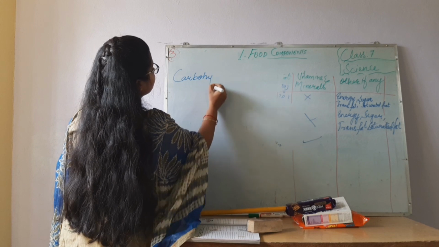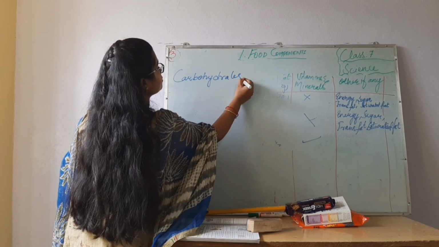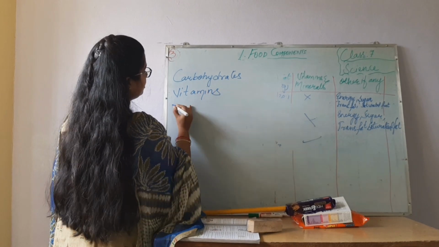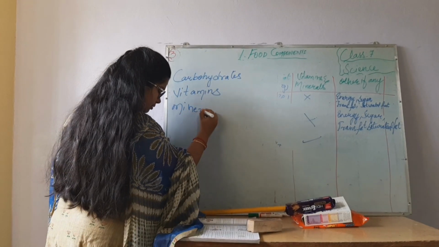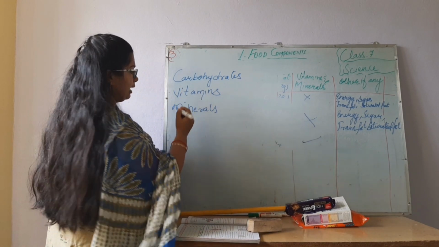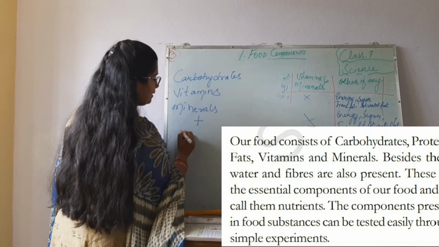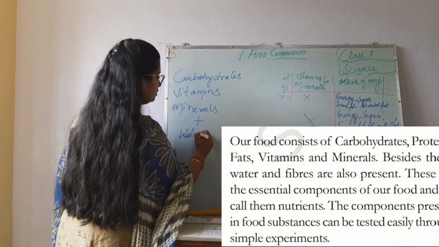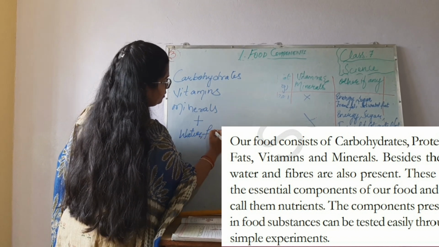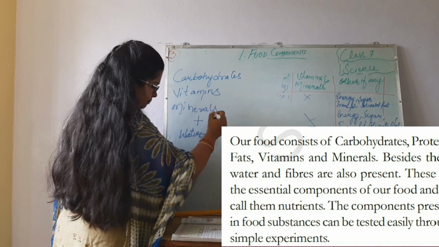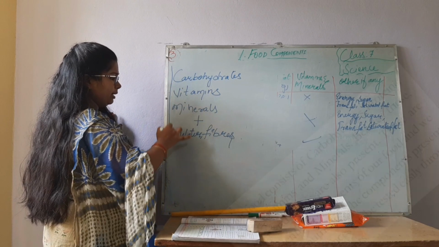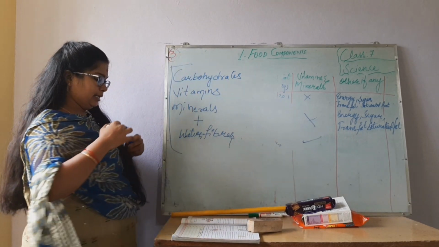Carbohydrates, vitamins, minerals, and besides this you need to add what? Plus water, fiber food, that is roughages. Fibers you also need to include. With this only we can make our diet very balanced.